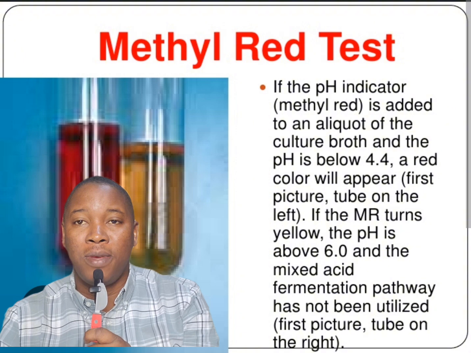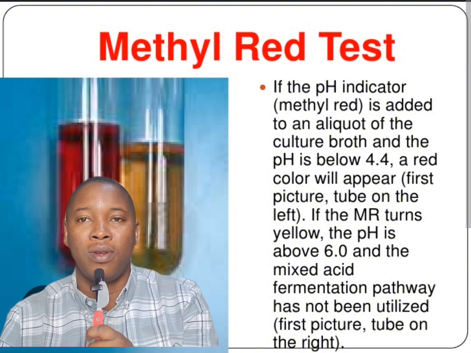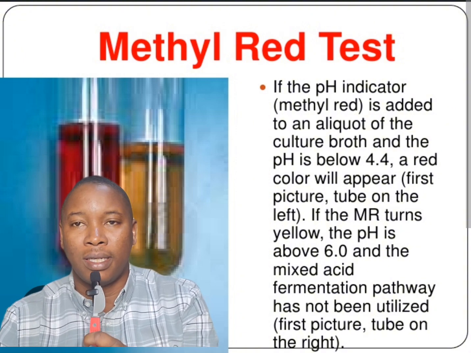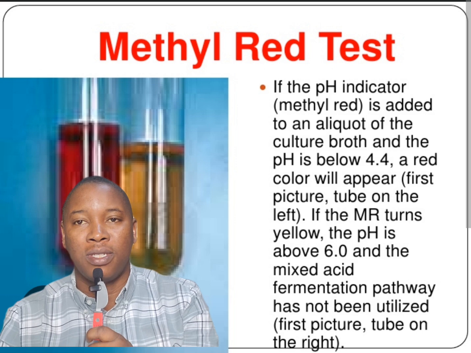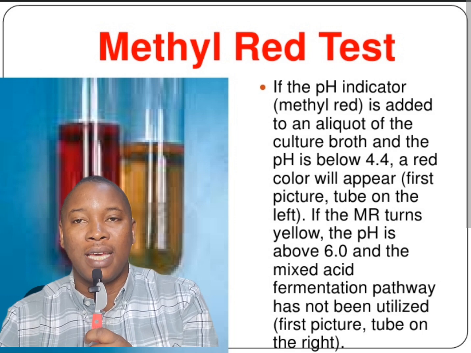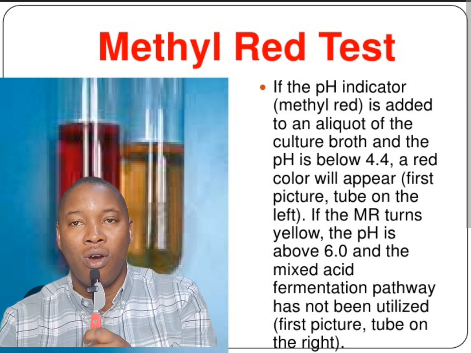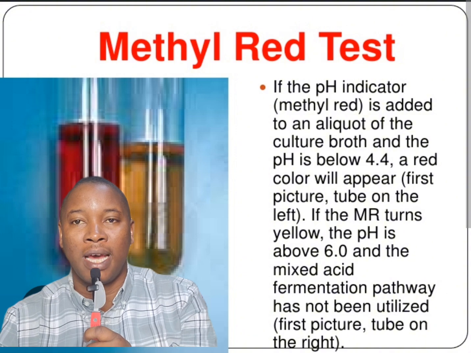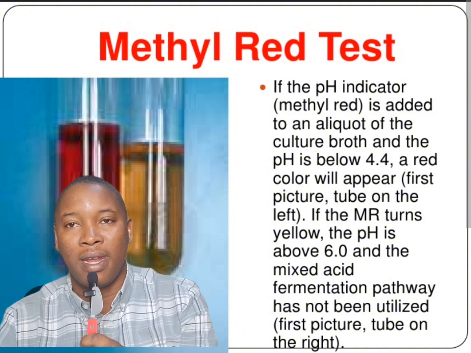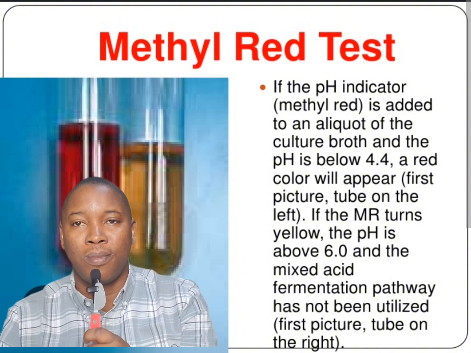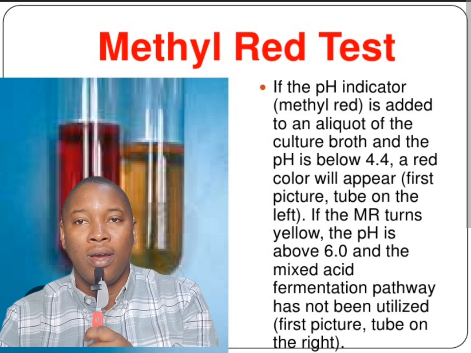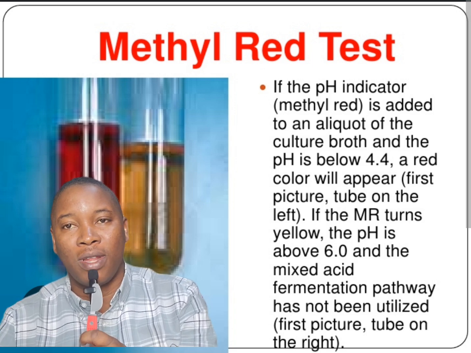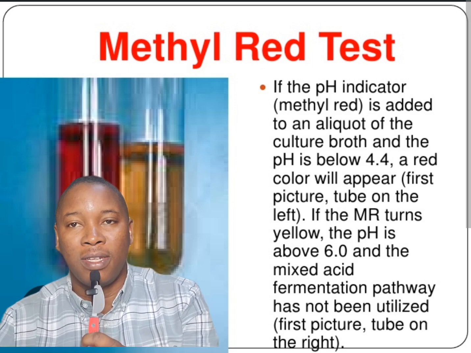If the pH drops to below about 5.5, to 5.0, to 4.0, then there's a change in the color of any indicator substance. In this instance, we use methyl red as our indicator substance. So it's simple, and we use it to identify some bacteria different from others within that same family of Enterobacteriaceae.